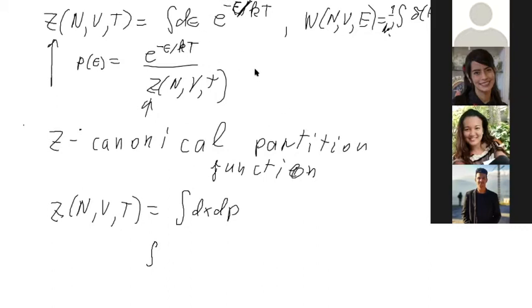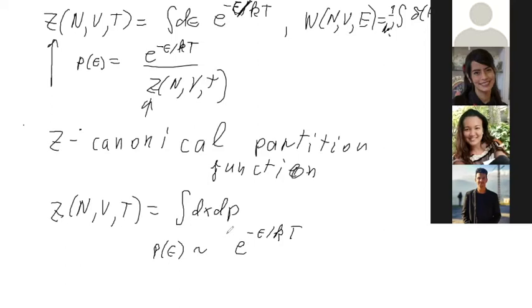So the probability of a given energy is proportional to e to the power minus epsilon over kT, right? Then we also agreed that it's also the number of microstates that can realize this epsilon, right? Yes. Okay.